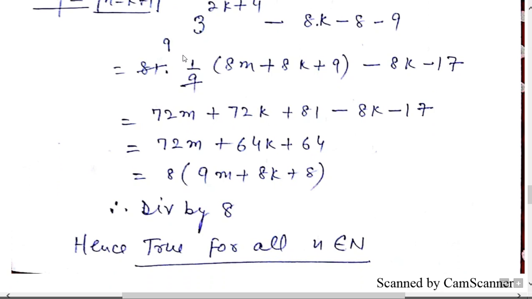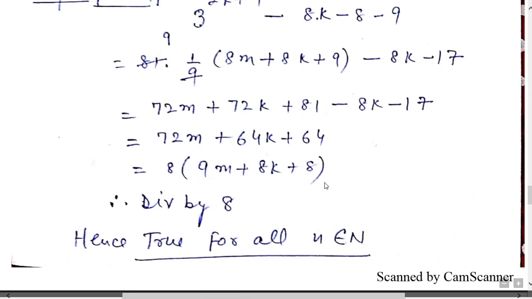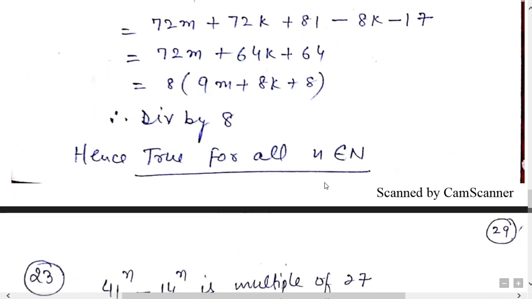Then open the bracket, multiplied by 9 first of all, 72m, then 72k plus 81, minus 8k minus 17. 72k minus 8k is 64k, 81 minus 17 is 64. Now taking 8 common, it means the term is divisible by 8.